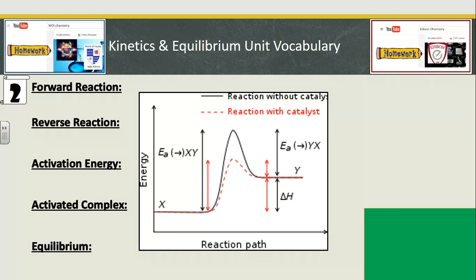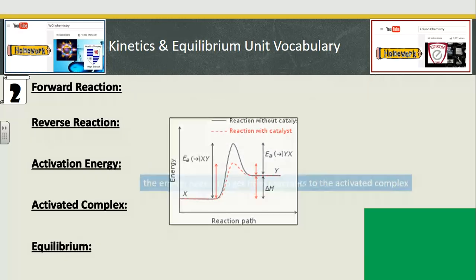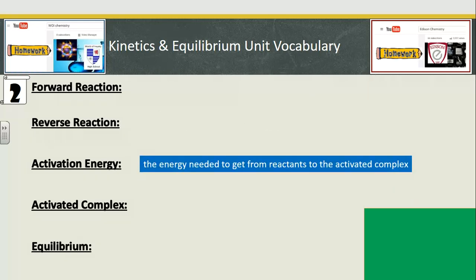The activation energy of a reaction is how much energy it takes to get things going. The particles of a reaction have to collide with enough energy to break their bonds and form new ones. So the activation energy represents how much energy it takes to get the reactants to the activated complex where all that bond breaking and forming occurs to make the new products.